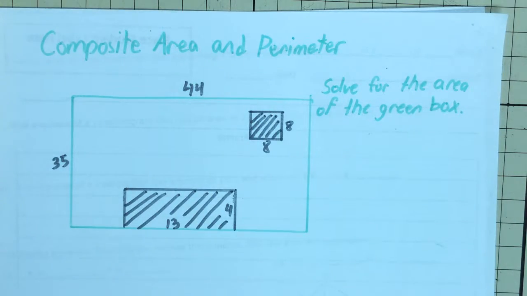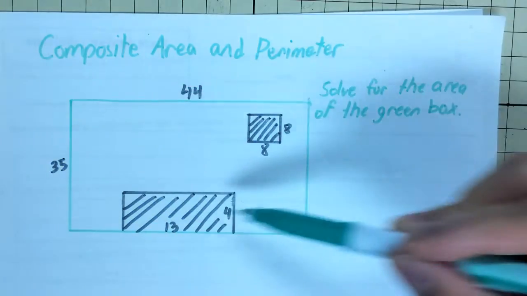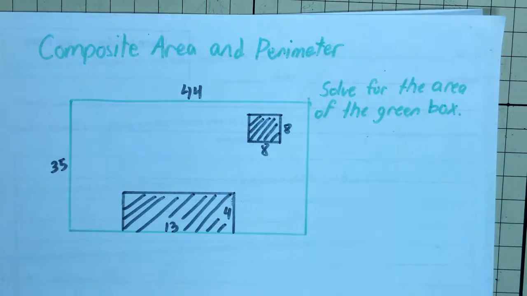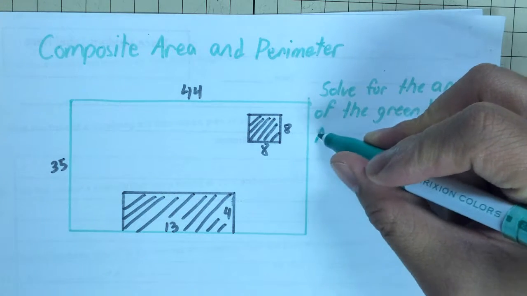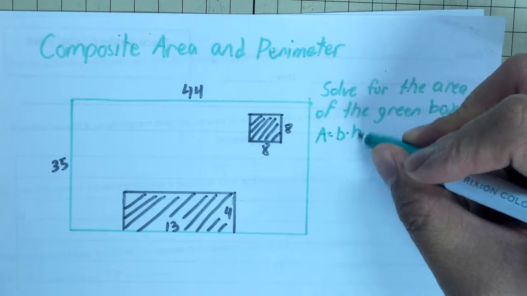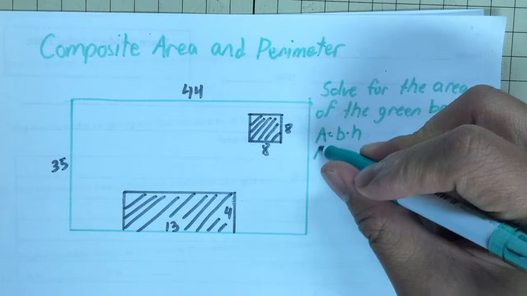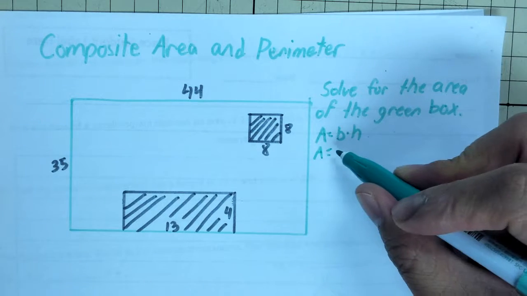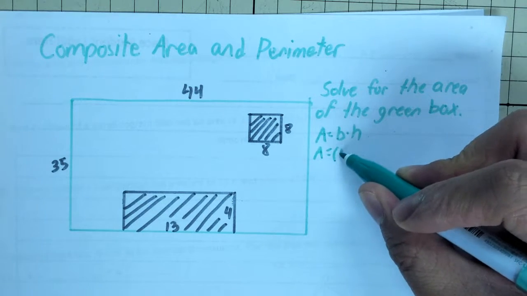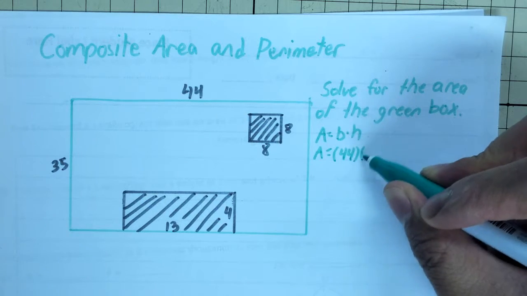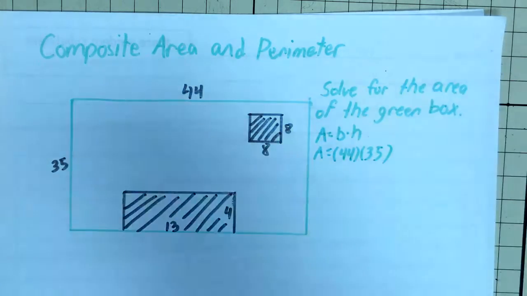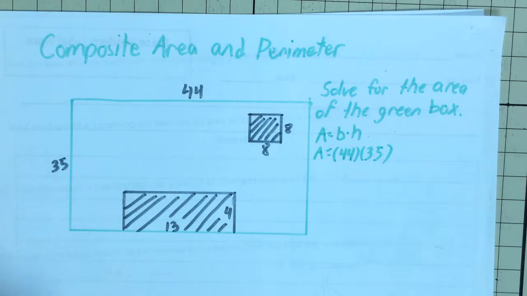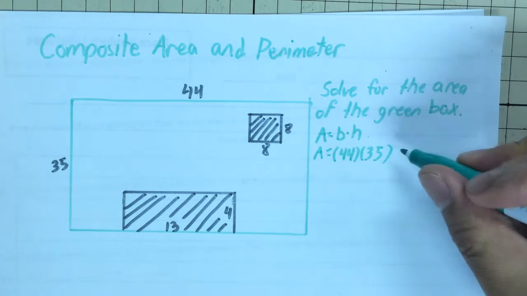So to find this area, what we can do is first find the area of my entire green box. Area of a rectangle equals base times height. So we have area equals 44 times 35, which gets me 1540.